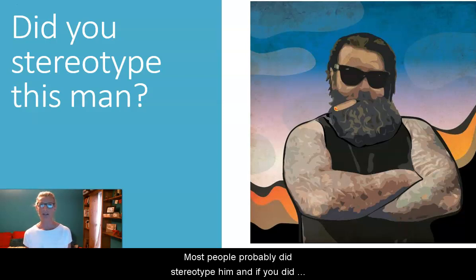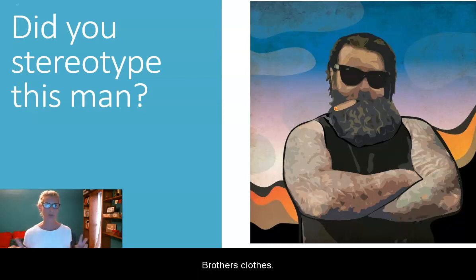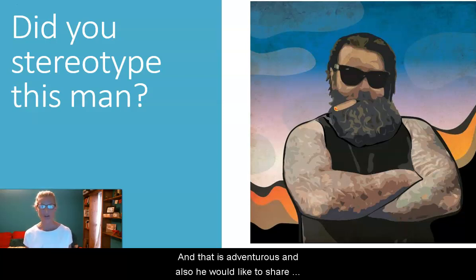And if you did, you may not realize that when this man wrote an ad for an online dating service, he is a self-identified Catholic, that during his day job, he wears Brooks Brothers clothing, that he is looking for a woman that is well educated and that is adventurous.